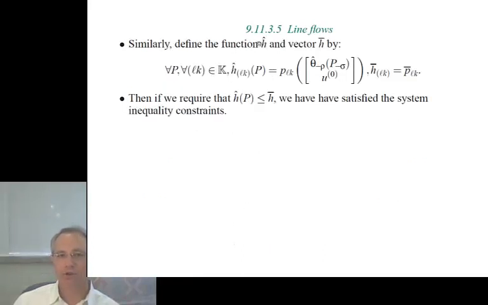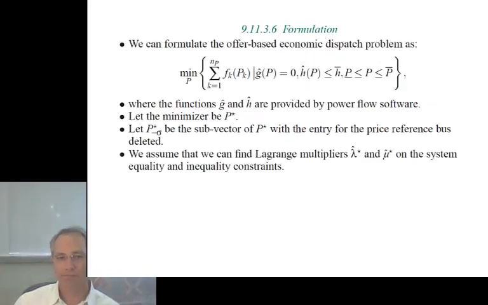We can also define a function h hat and a vector h overline by plugging the angles into the PLK functions, and define h hat of LK of P to be the flow that results from P minus sigma. And if we require h hat of P is less than h overline, we have satisfied the system inequality constraints.